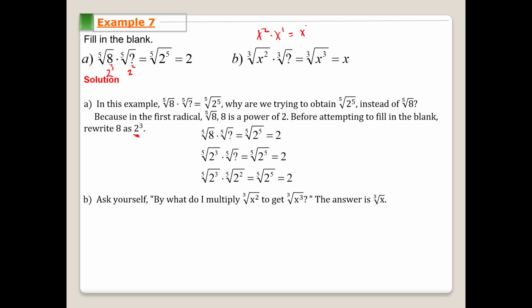That gives you x cubed because you add your exponents. Then you can look at it and say, oh, well, then there's also that cube root. So if I took the cube root of x cubed, yes, that would give me x. So that is what you're doing to find the missing value in there, okay? In which case they walk us through that process right there that I just talked about.